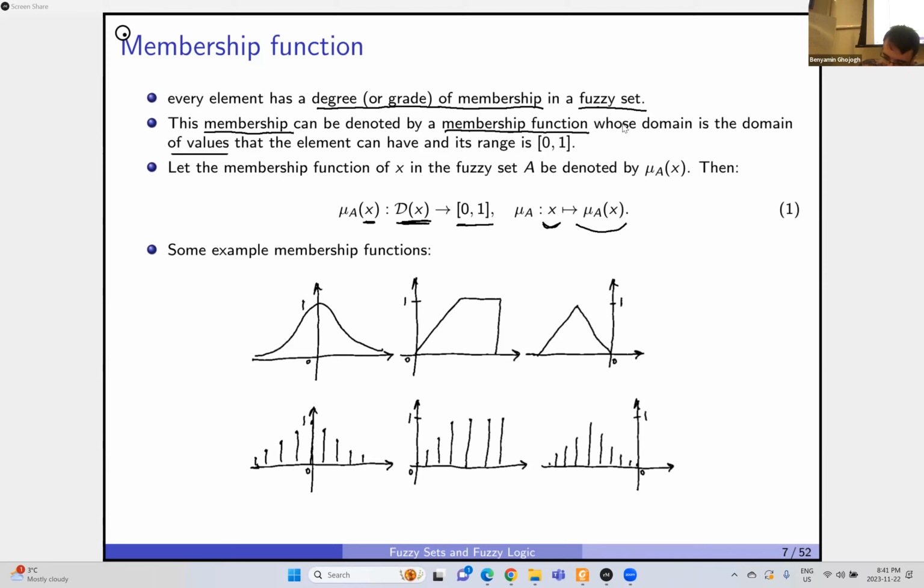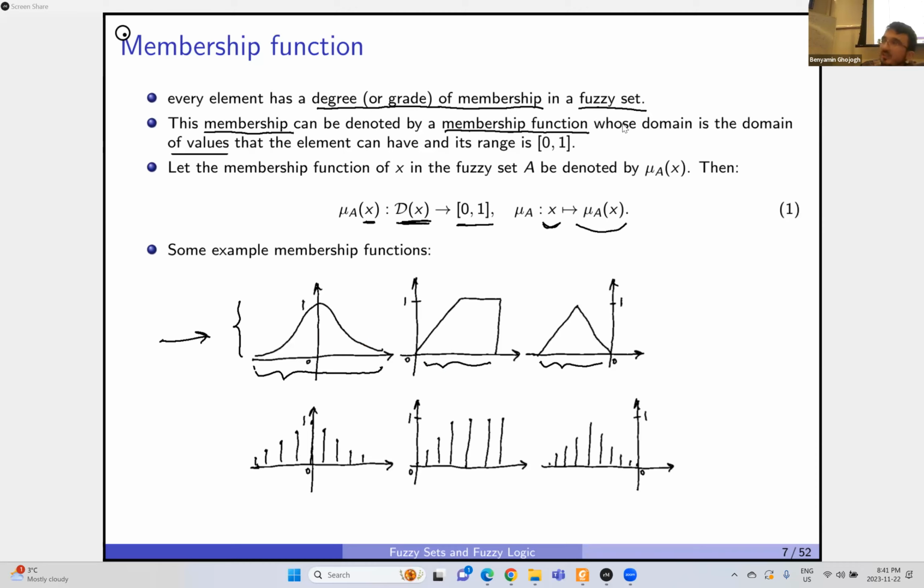Okay, great. Example. As you see, we can have a continuous membership function or a discrete membership function, depending on whether the input element is discrete or continuous. If it is continuous, examples are like this. As you see, the domain depends on the domain of input. It can be a positive domain, a negative domain, or a range with both negative and positive, whatever.